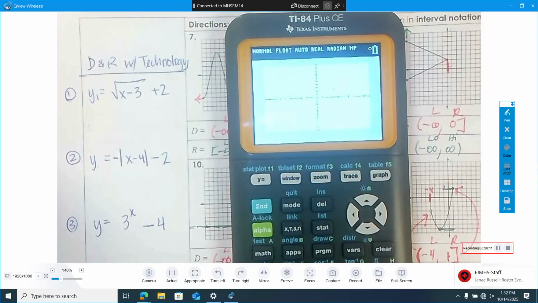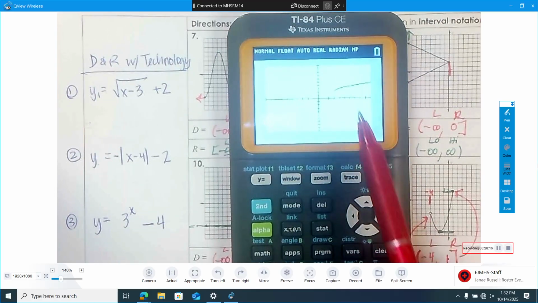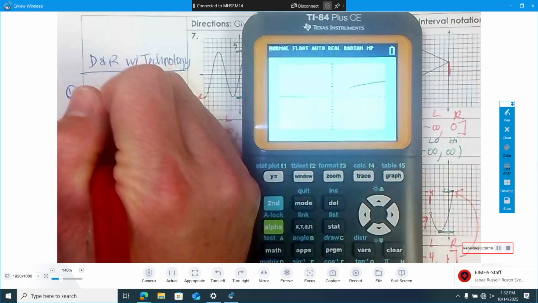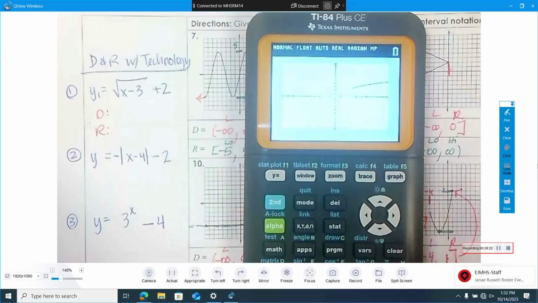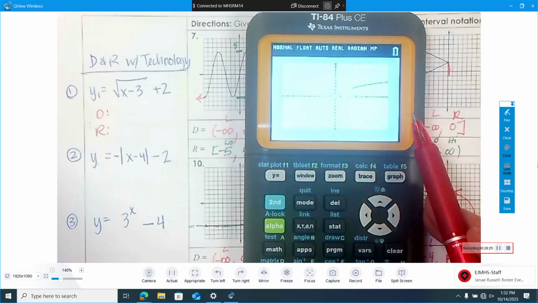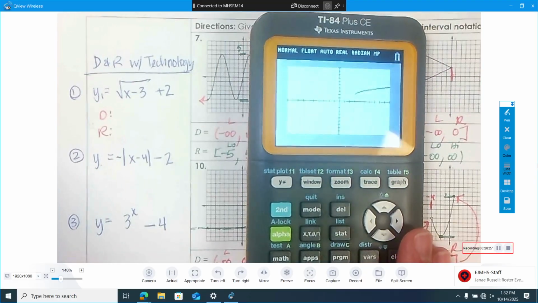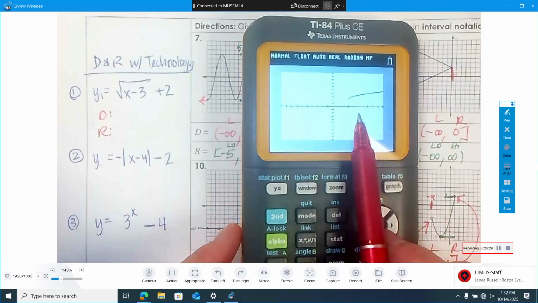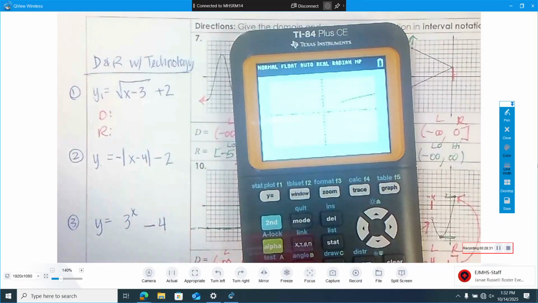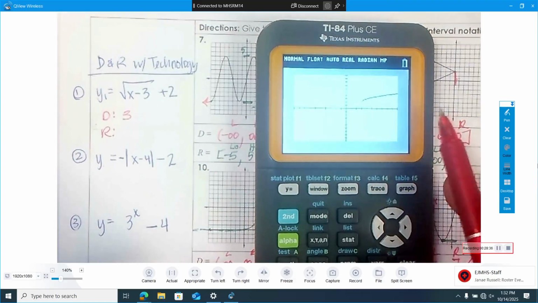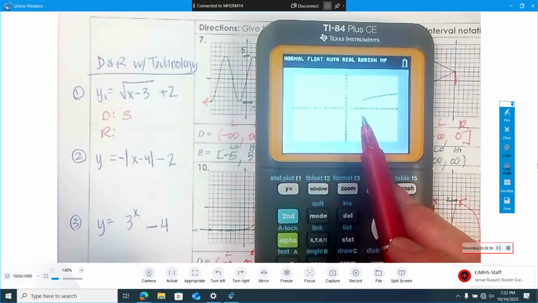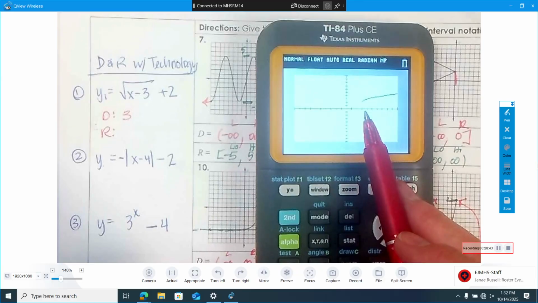Good. Now that we see this picture, for the domain and the range, how far to the left does this graph go? What's our farthest left x value? 3. Now the question is, is it a bracket or is it a parenthesis?